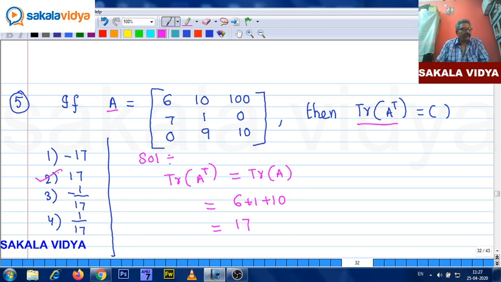Absolutely correct, second option. Some previous questions may be there in this one. So remember this, it is very, very important.